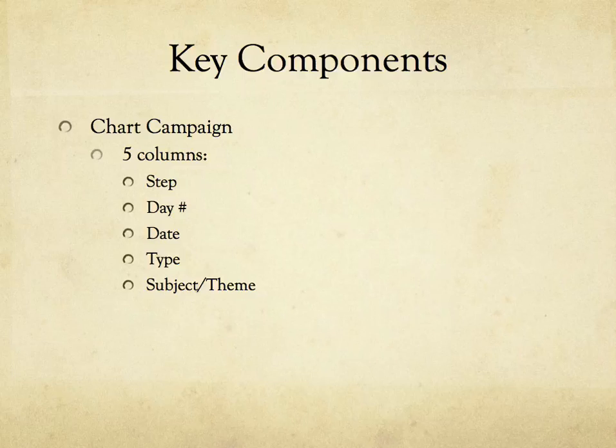What's the type? And then what is the subject slash theme of that particular step, that particular touch? Okay. And you want to be able to look in one place and actually really get a sense of what's going out and what its purpose is.